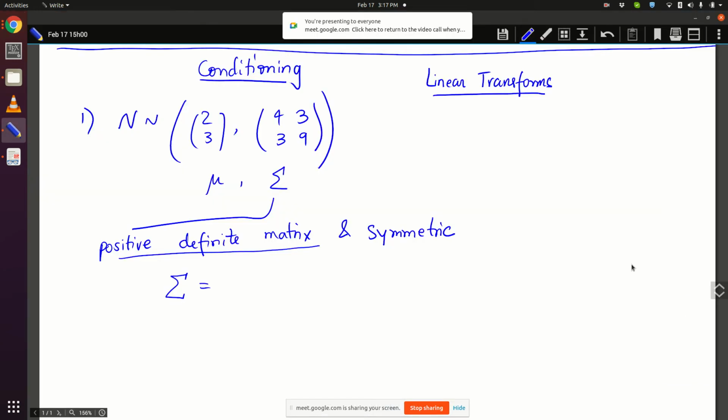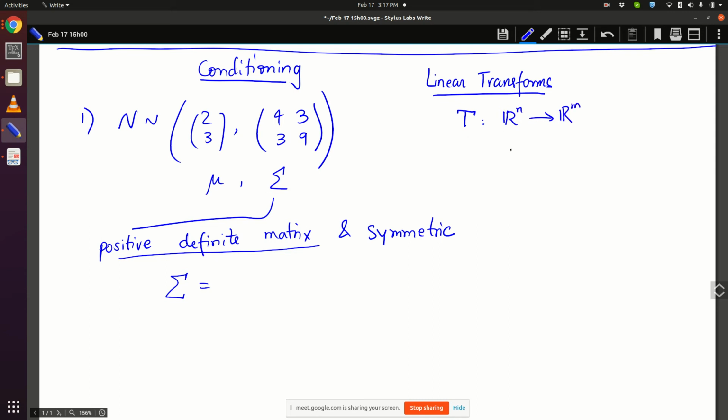Yeah, multiplying with a matrix. Any time we multiply a matrix, we do a linear transformation. Okay, that is correct. But the general definition is it's a function from one vector space to another vector space, right? So it is Rn to Rm in general. So that's a linear transform.